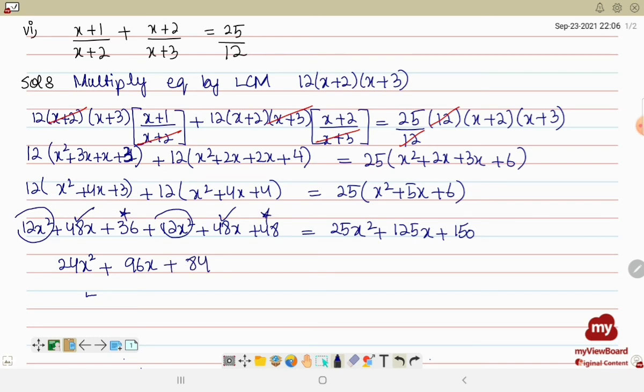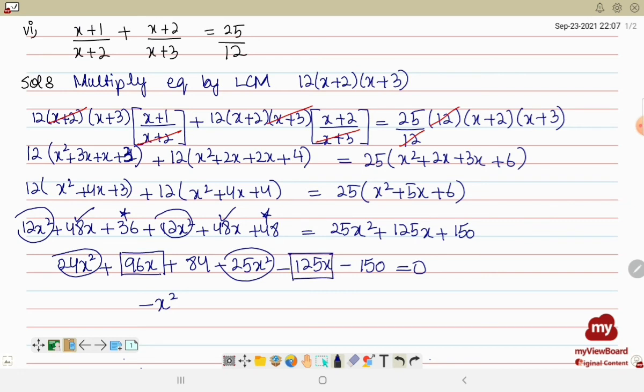And we'll take all these terms to the left hand side. It will become minus 25x square, minus 125x, and minus 150 equals 0. Let's solve it further. We are having minus x square. Then we are having plus 96 and minus 125. These two are like terms, so it will come out to be minus 29x.